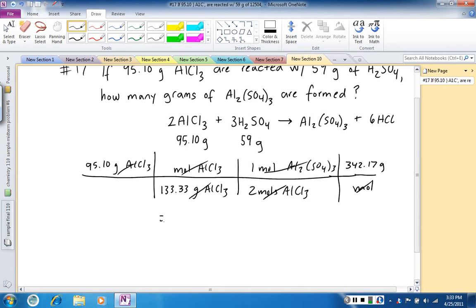So our AlCl3 will make 123.8 grams of Al2(SO4)3.